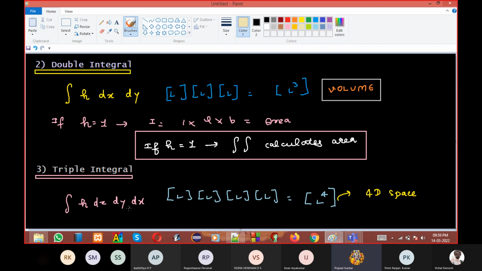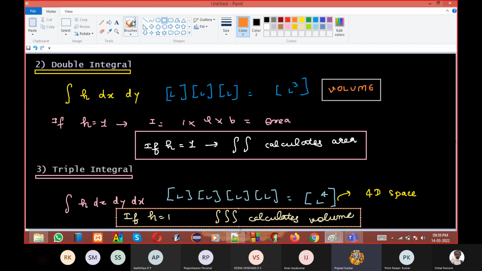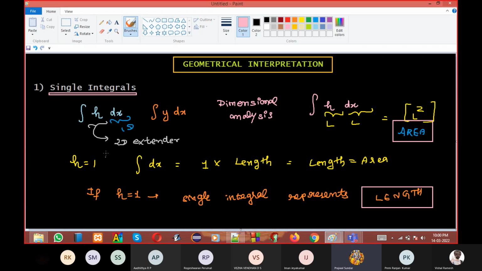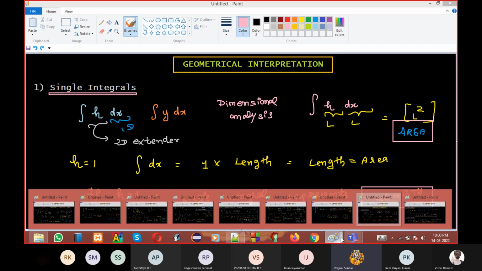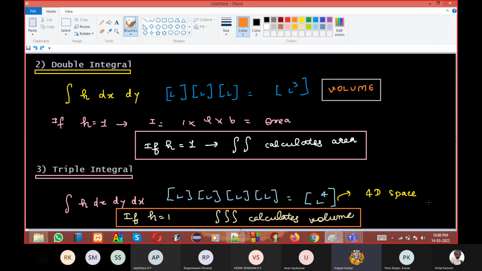Similarly, if h is 1, triple integral calculates volume. But that's only if h is 1. If h is not 1 and something else, the double integral will calculate volume only. Similarly, if h is not 1, the single integral will calculate area only.